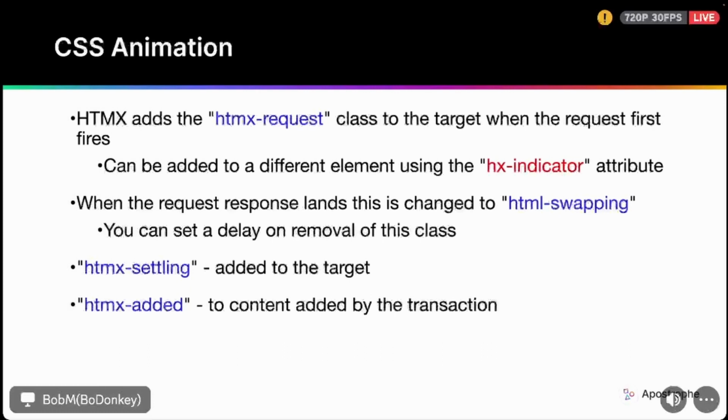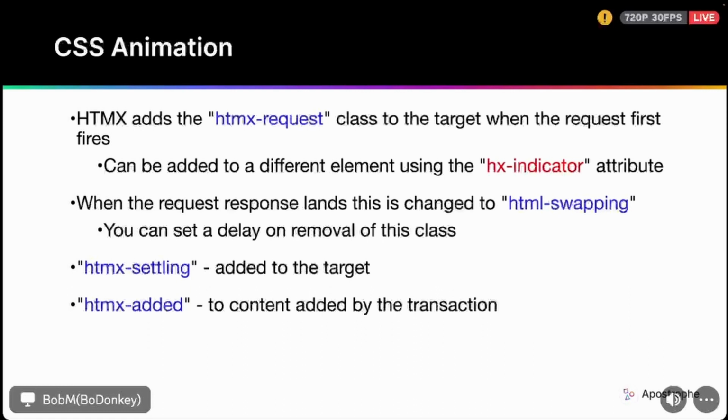When the response finally lands, this is changed to htmx-swapping, and you can set a delay on this. That's sometimes useful for doing some animation in CSS with transitions, as I'll point out in a second. Then finally, after a default of 20 milliseconds, if you don't set a delay, the main target gets htmx-settling, and any child nodes get htmx-added as classes.